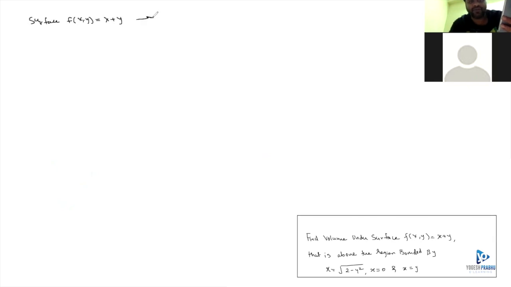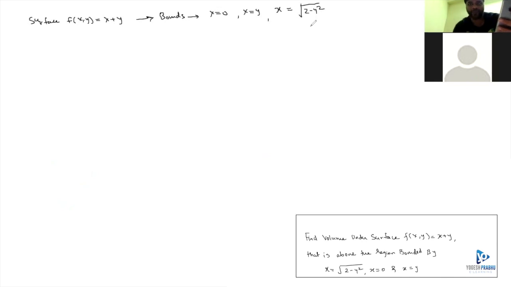So for this, we have bounds, and bounds are x equals 0, x equals y, and x equals square root of 2 minus y square. Okay, so let's just try to simplify and understand what this is all about.